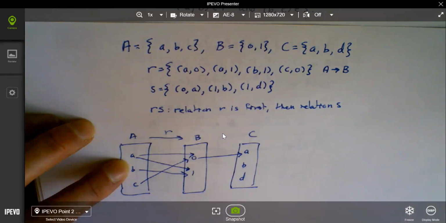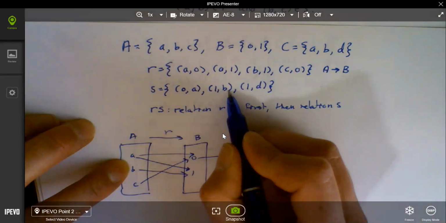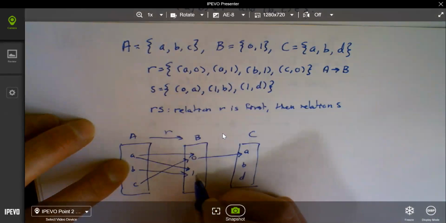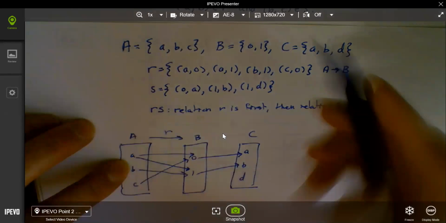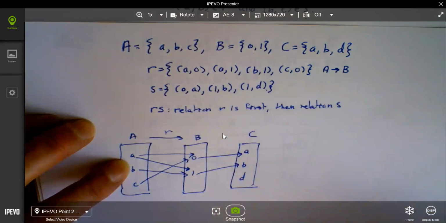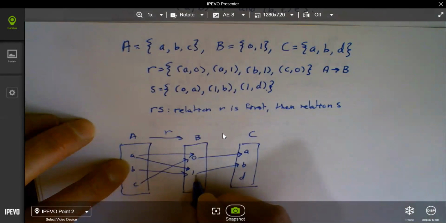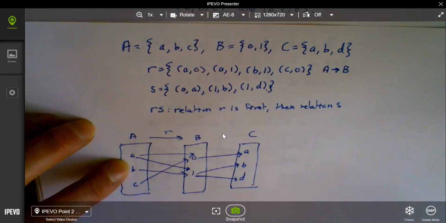The next element is (1, b), so we start in set B at 1 and draw an arrow to b in set C. And then we have (1, d), so we draw an arrow from 1 in set B to element d in set C.